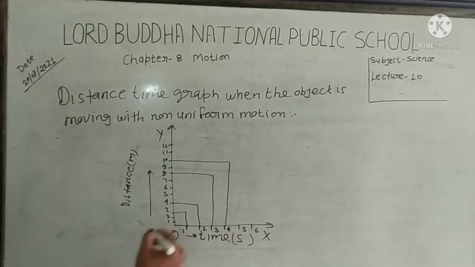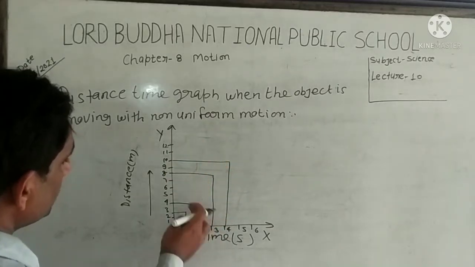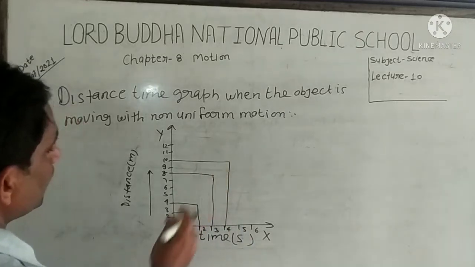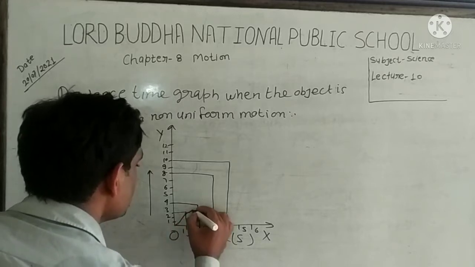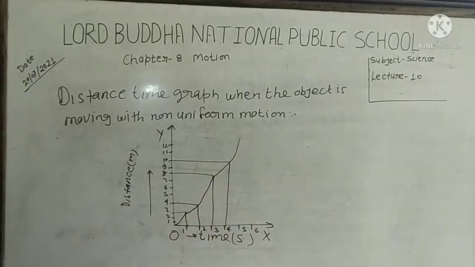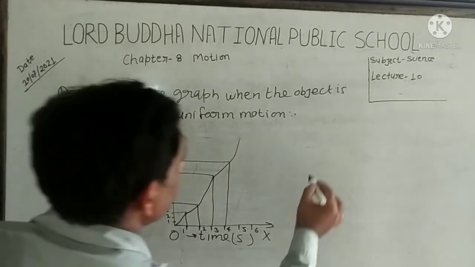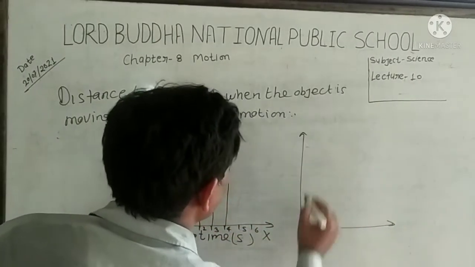Now, when we join all these points, it will show 1, 3; 2, 4; 3, 8; 4, 10. When we join all these points, we get a curve. The general figure will be something like this.